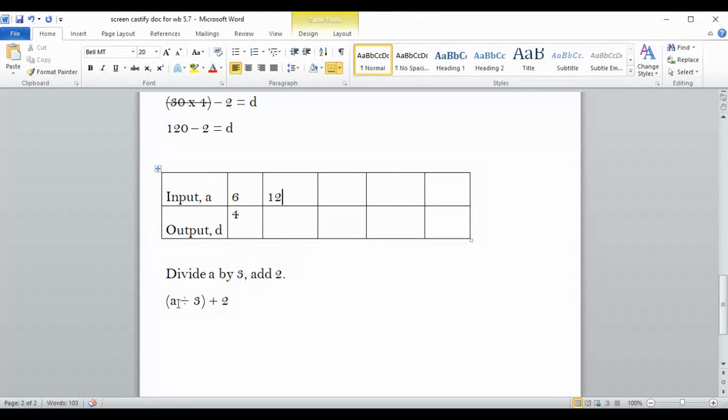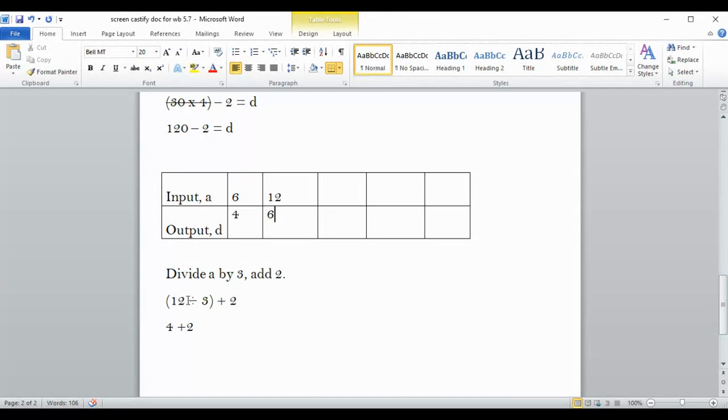So put 12 up there, put 12 right here. 12 divided by 3 is 4. I've done that part. I'm going to cross that out with my pencil. I'm going to put the plus 2 in here. And what is 4 plus 2? The reason I put the plus 2 in is because it's this part. So I put it down there. 4 plus 2 is 6.